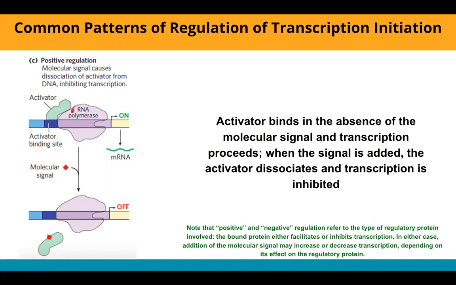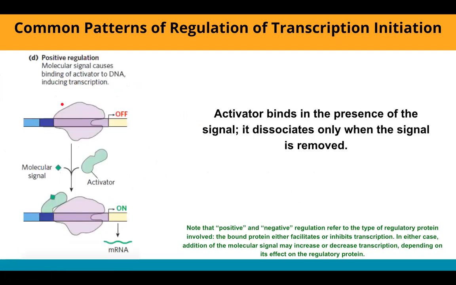So for this one, the RNA polymerase needs an activator in order for it to be active. But if there's a molecular signal that inhibits the activator, therefore RNA polymerase will not be activated. So even if the presence of a molecular signal causes turning off of genes, this is still what we call a positive regulation because we have an activator that is involved.